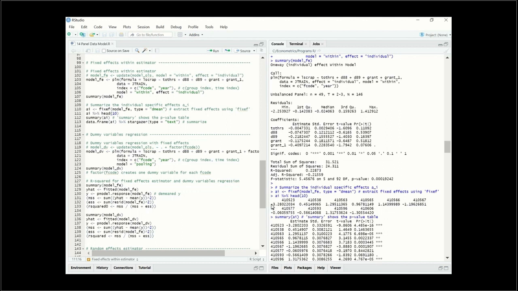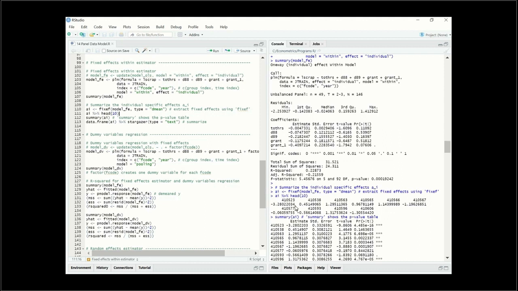The first firm has a log of scrap rates that is 3.28 lower than the average scrap rate. The second firm has a log of scrap rates 0.45 higher than the average firm. For another firm, the log of scrap rates is 1.29 higher than the average rates across all of the firms, and so on.